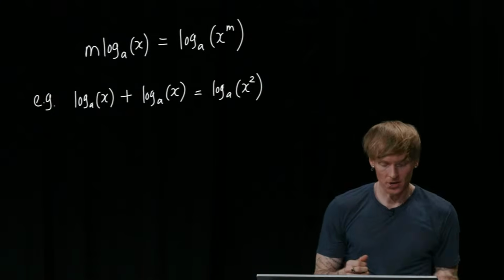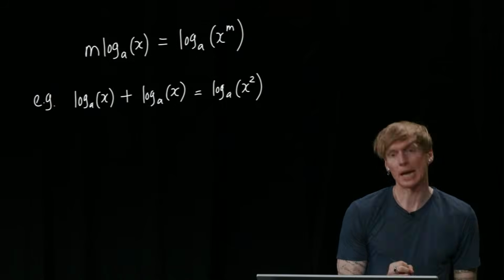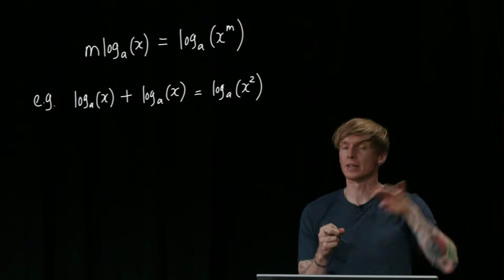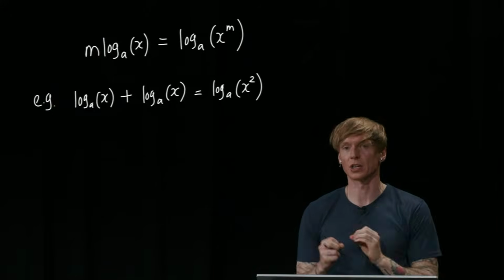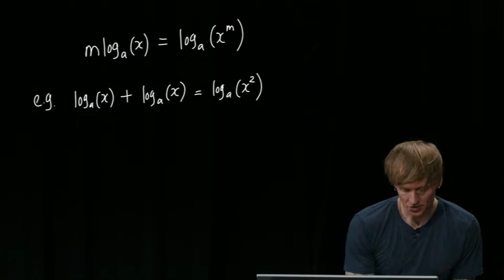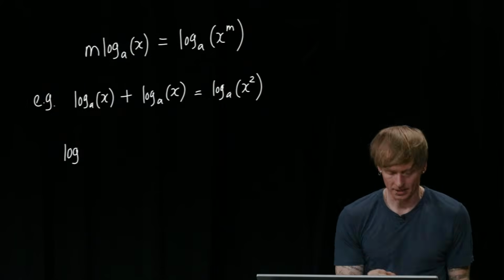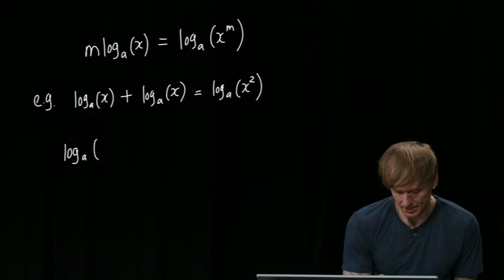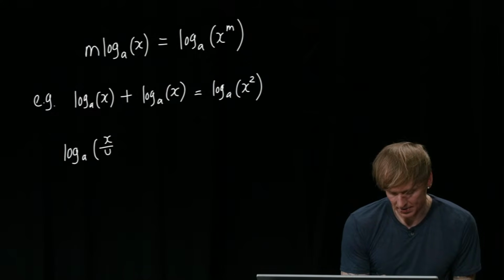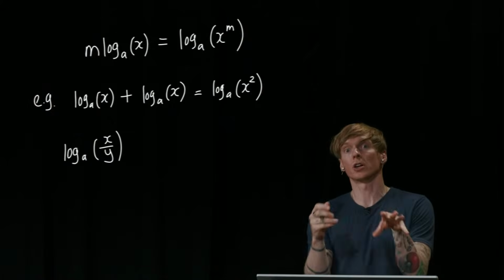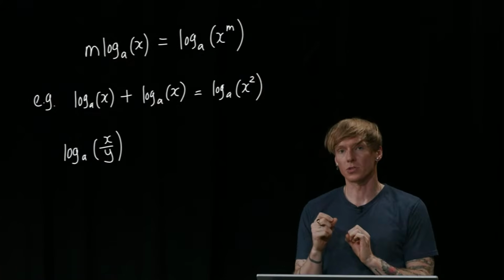And then to get our third and final law, which is the second one written on the screen, the one about subtraction and dividing, the trick to that one is, if we think about what we're trying to consider, we're looking at log base a of x divided by y, and we want to show this is the subtraction of those two logs.